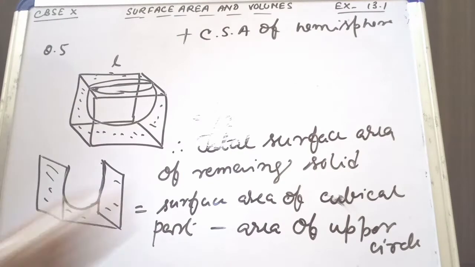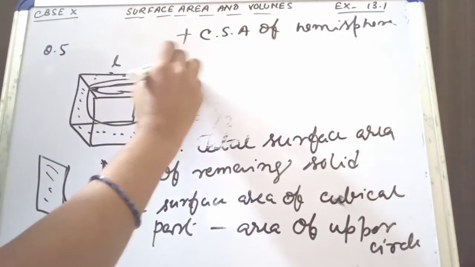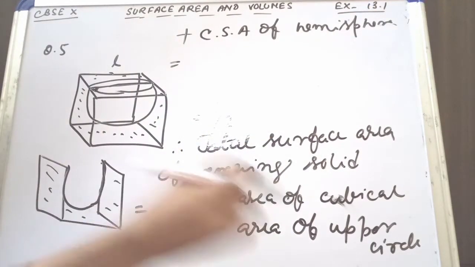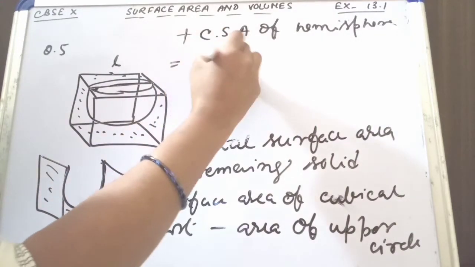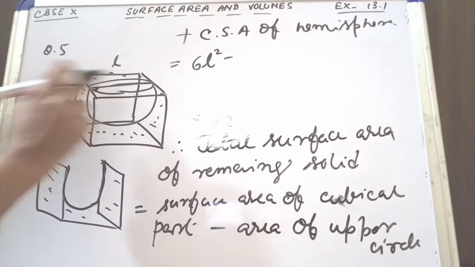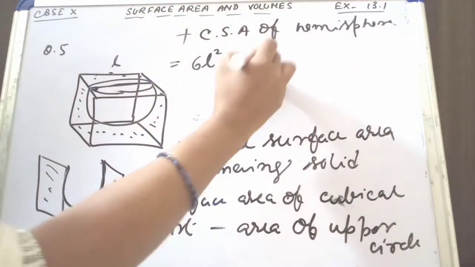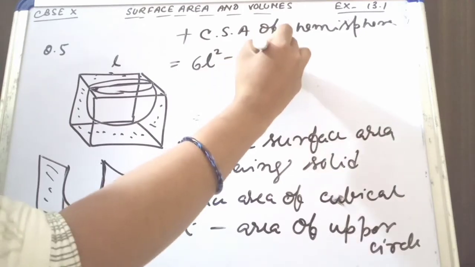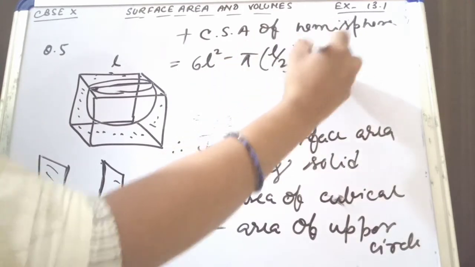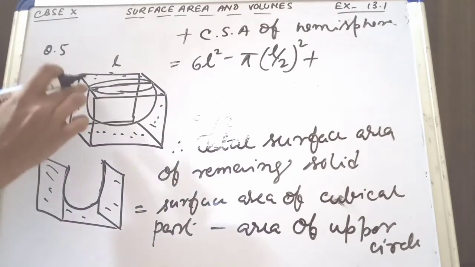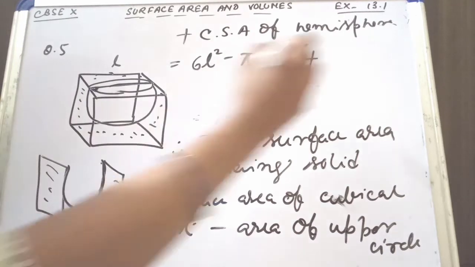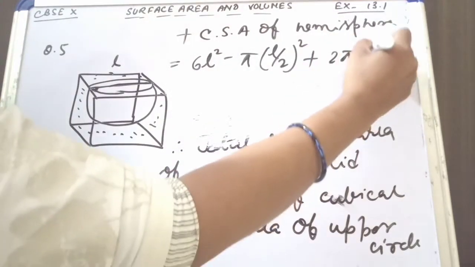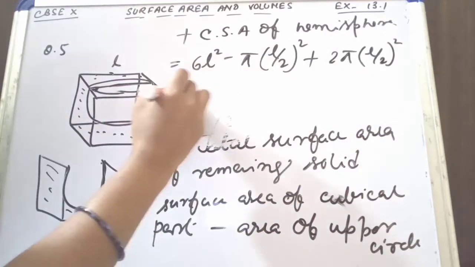That means surface area of the cubical part, that means 6L square, minus area of this upper circle, pi r square, where r means L upon 2, plus curved surface area of this hemisphere, that means 2 pi r square, r means L by 2 whole square.